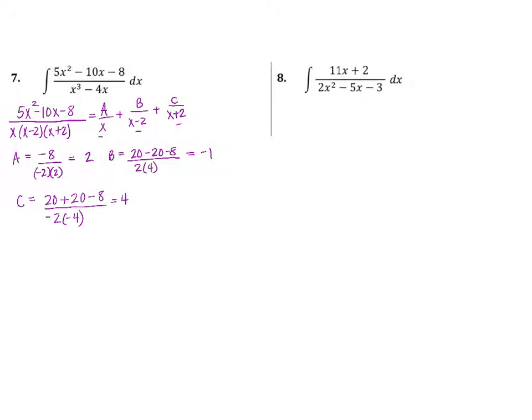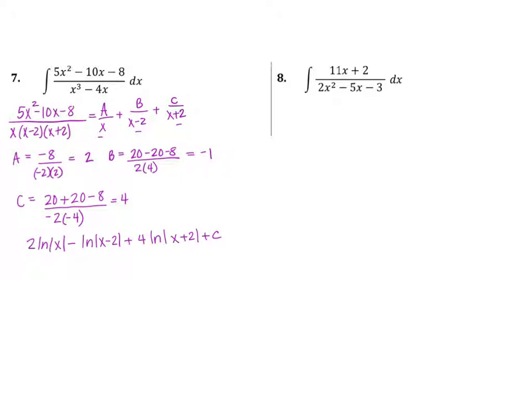So we're going to have 2 natural log absolute value of x minus natural log absolute value of x minus 2 plus, and then we have our 4 natural log absolute value of x plus 2, plus c. Okay, number 8, again, more of the same fun.